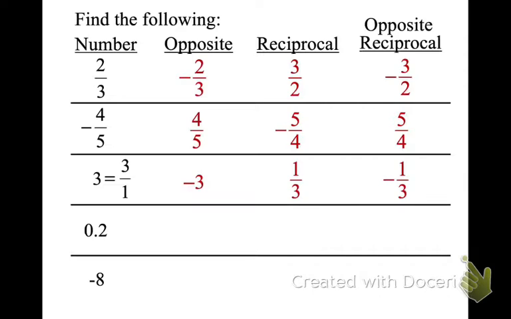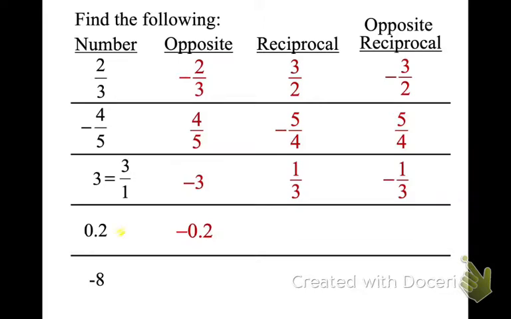Now, convert your decimal to a fraction. If you need to find the opposite, a perpendicular, you're going to have to convert it to a fraction. So 2/10, let's reduce that. 2/10 becomes 1/5. That's easy there. Okay, so the opposite is just the opposite sign.